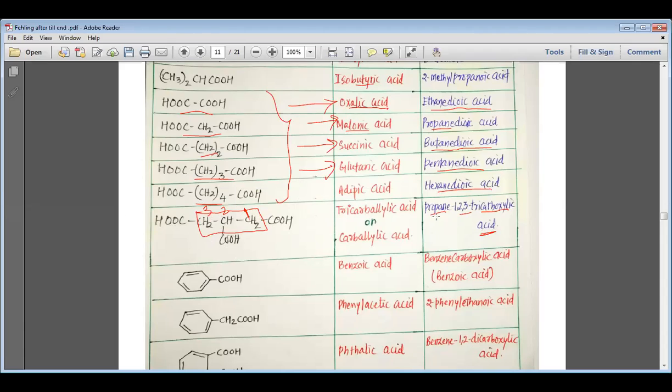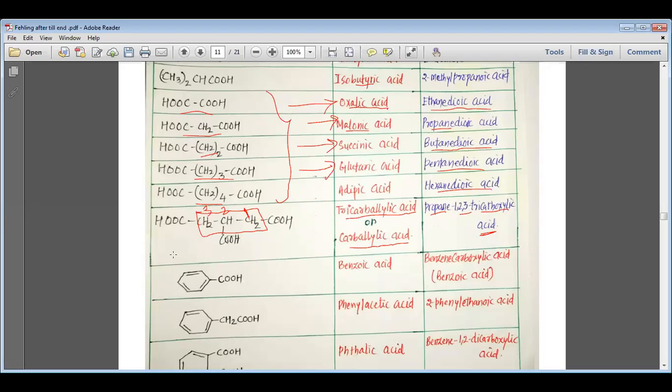Please remember, they are propane 1, 2, 3 tricarboxylic acid. Their common name is tricarballylic acid. Please remember, the common name for propane 1, 2, 3 tricarboxylic acid is carballylic acid or tricarballylic acid.